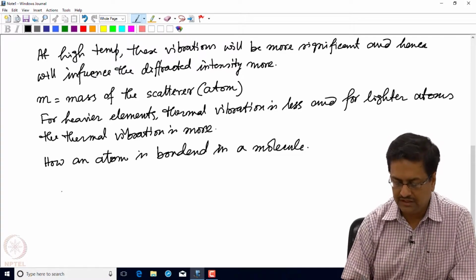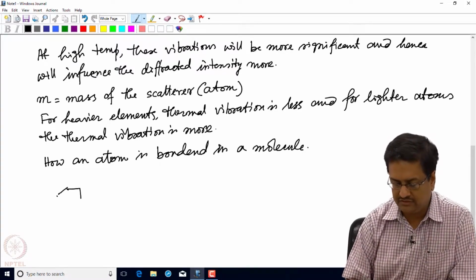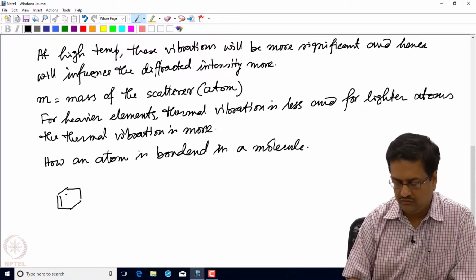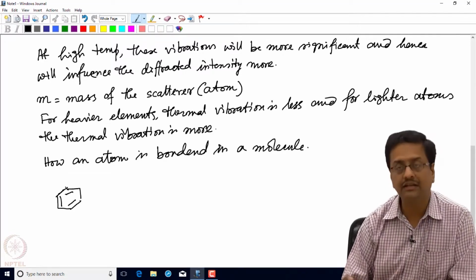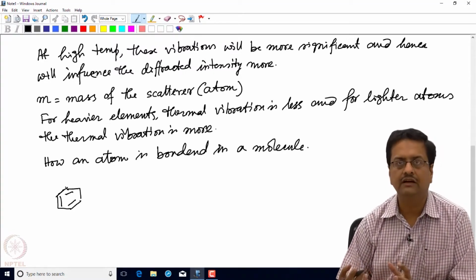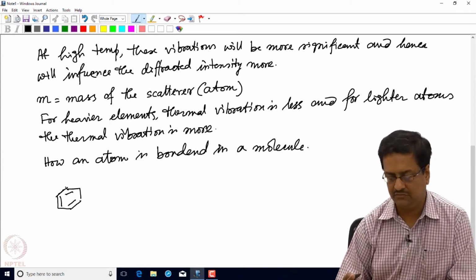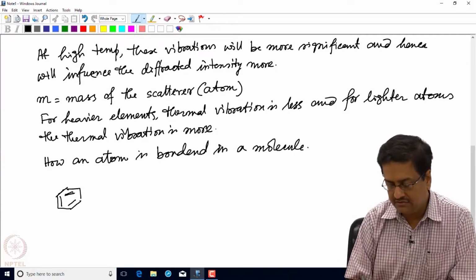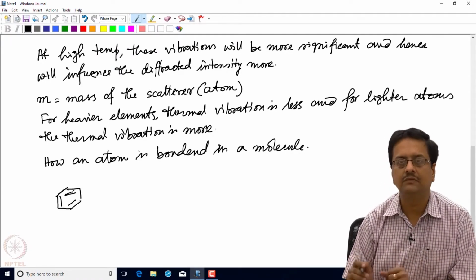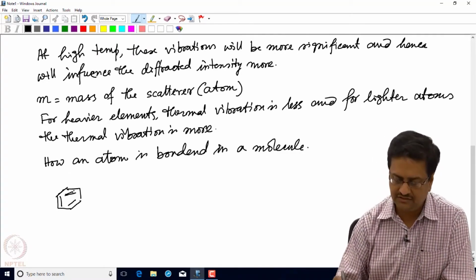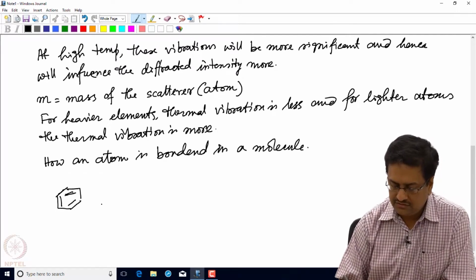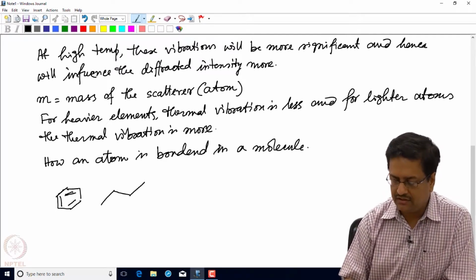Suppose we have an aromatic ring with 6 carbon atoms with alternate single and double bonds, they are more tightly bound to each other. They have constraints in their bond length and bond angles. As a result, the thermal vibration for every individual carbon on an aromatic ring is restricted.